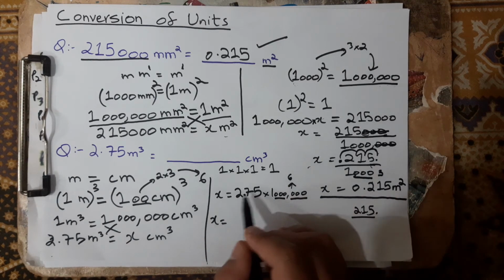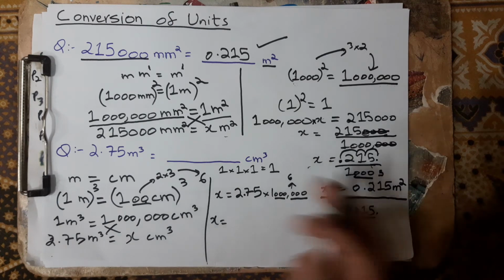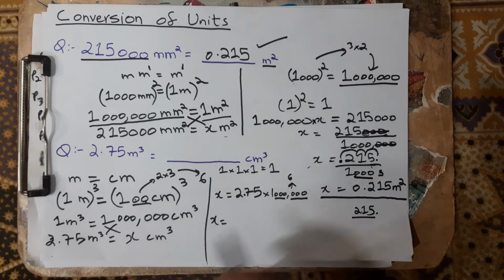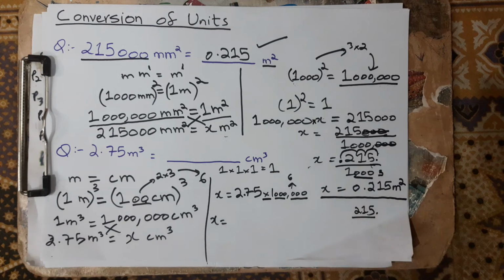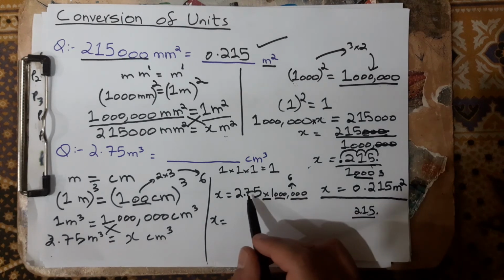Instead, we will move it further forward, because it is being multiplied. When it is being multiplied, the value increases, and you move the decimal forwards.